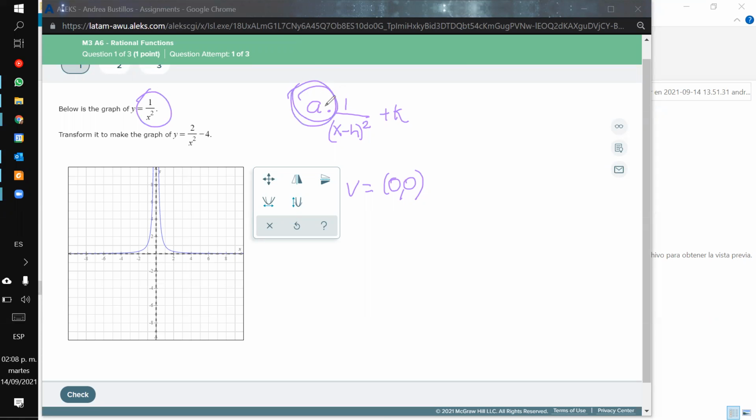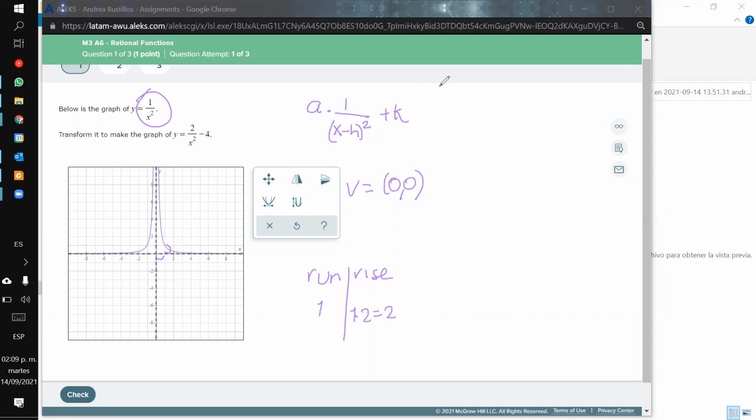Remember, this is called the leading coefficient, and the leading coefficient affects our rise, meaning that if this function in its original way, if it runs 1 to the right, starting from the vertex, it rises 1, the A is going to affect this rising, meaning that if I run 1, I'm going to rise 1 times 2, because in this example, the leading coefficient is 2. So 1 times 2, that is 2.